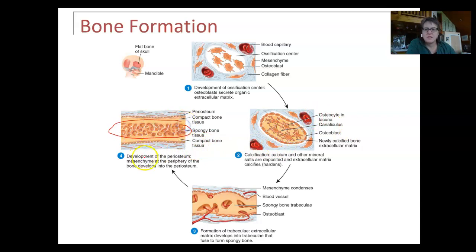The end result is spongy bone and a periosteum with a little thin layer of compact bone in there. But again, this is not the one. This isn't even labeled. This is intramembranous ossification, and you're not responsible for this.